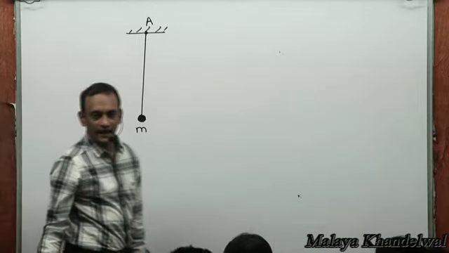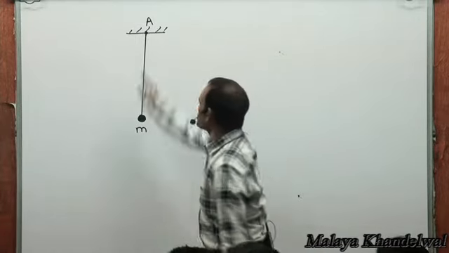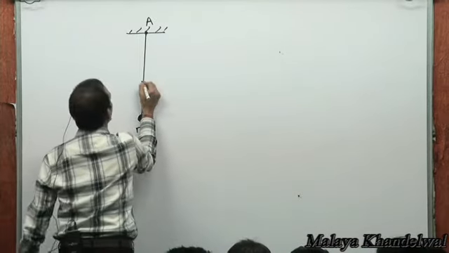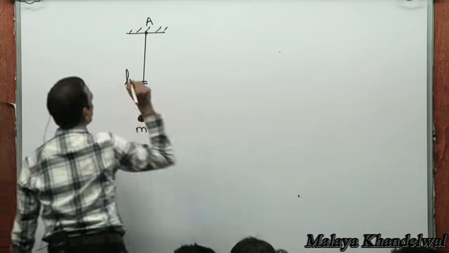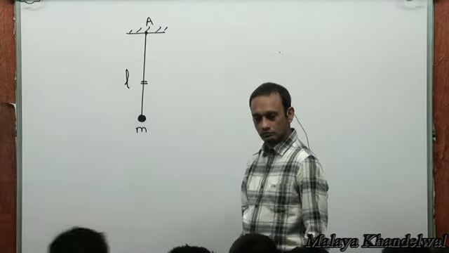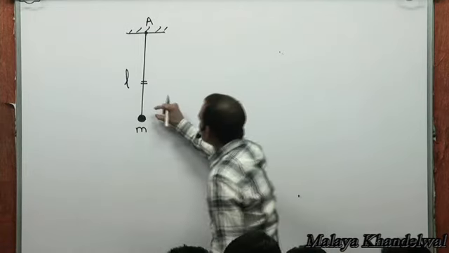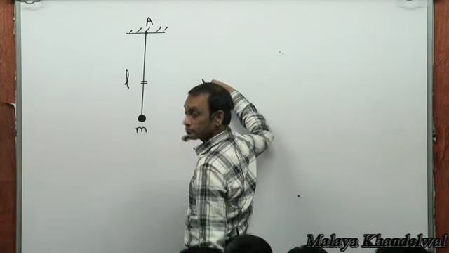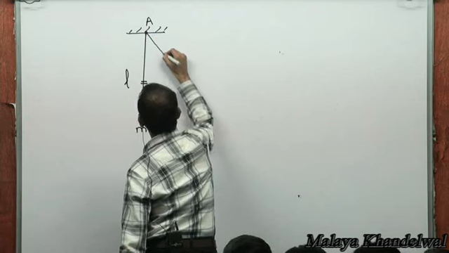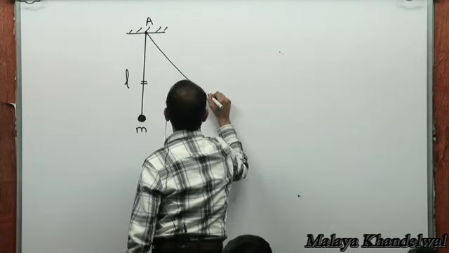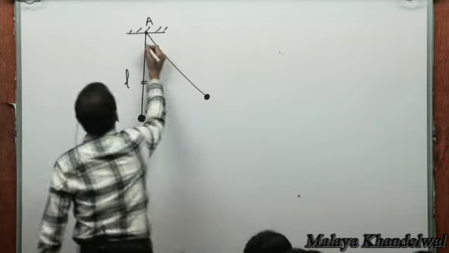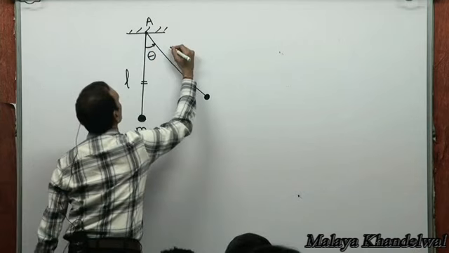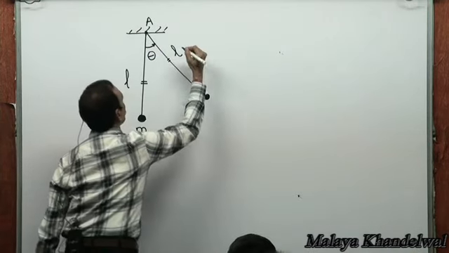Initially, let's say it's in a vertical state, and the length of the string is, say, L. Very slowly, I displace the string from its vertical position by an amount, say theta. This string of length L, right?